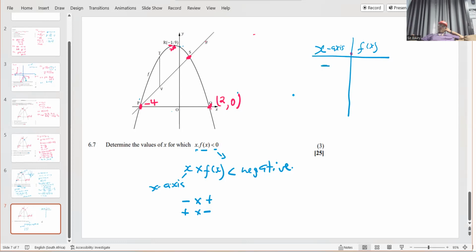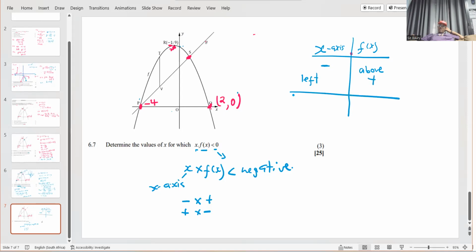So the x-axis is negative way on the left. I'm going to look on the left. Then the graph of f is positive way above, right? Where it's above, that's where it's positive.